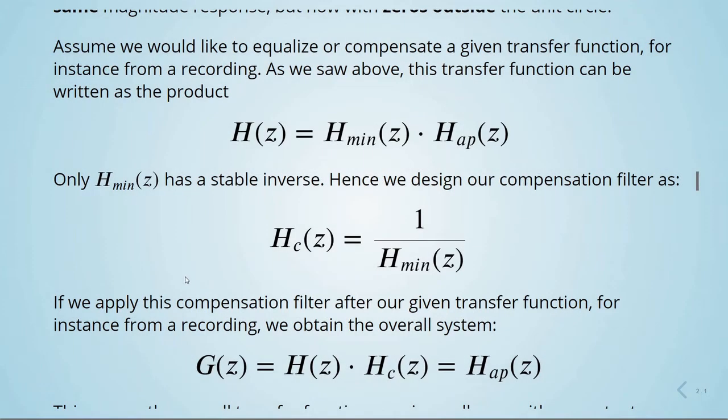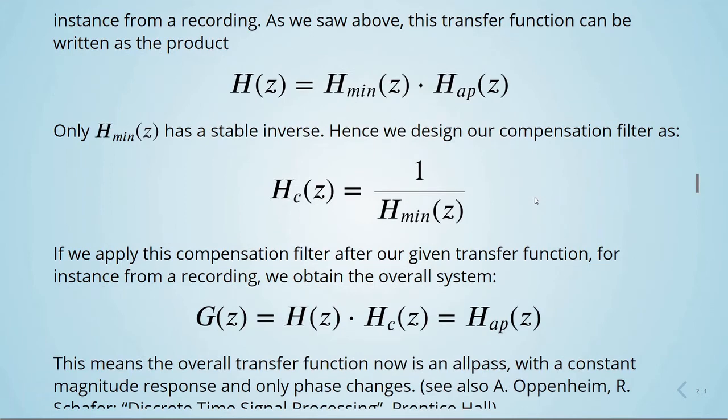So assume we would like to equalize or compensate a given transfer function, for instance from a recording. As we saw above, this transfer function can be written as the product of a minimum phase filter and an all pass filter. So only the minimum phase filter has a stable inverse. Hence, we design our compensation filter as 1 divided by the frequency response of the minimum phase filter.